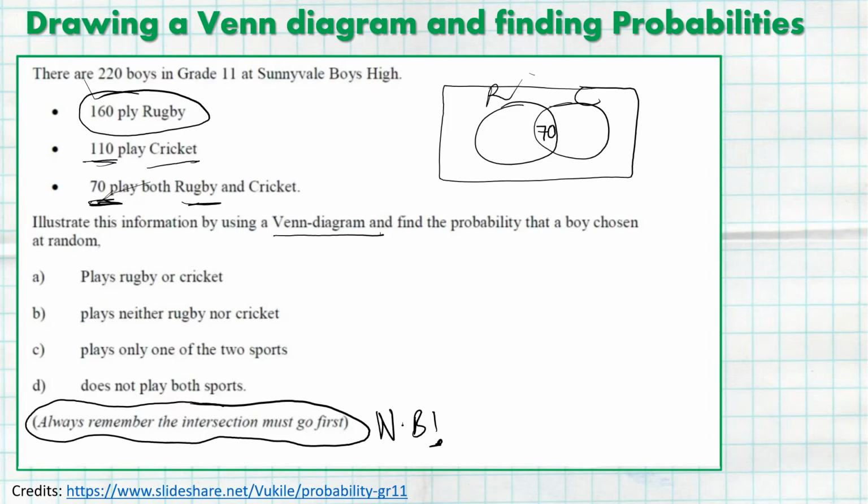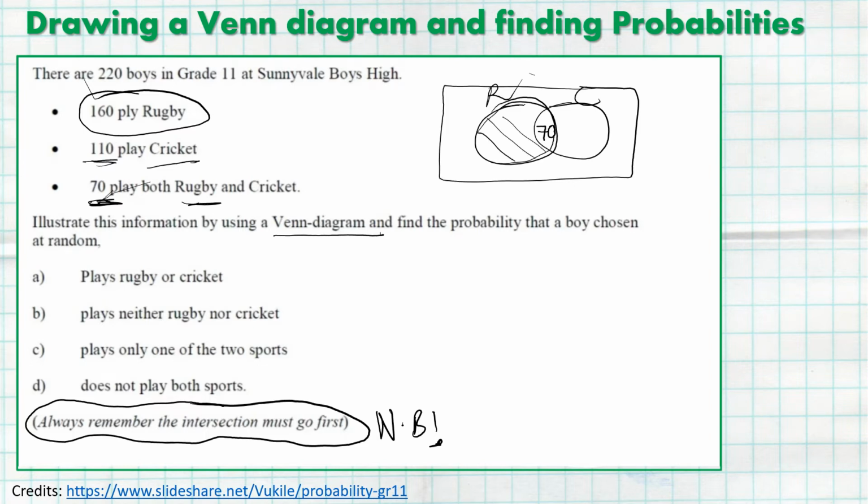The idea is that 160 can be playing rugby and some of them can also be playing cricket, so they can be in that intersection. Unless they told us that 160 play rugby only, we would just put it there. But in this case they just say 160 play rugby.